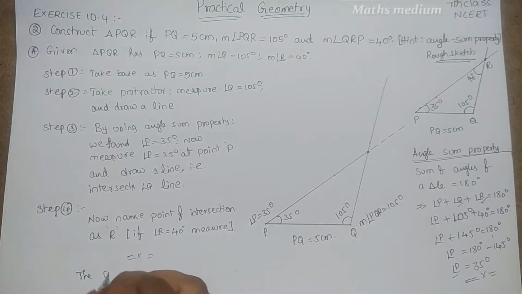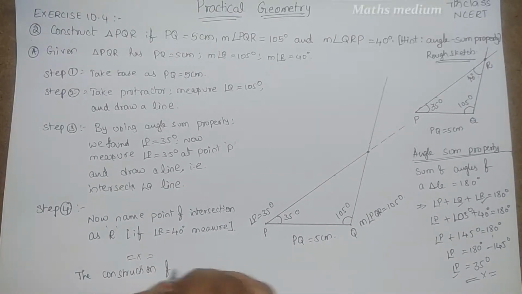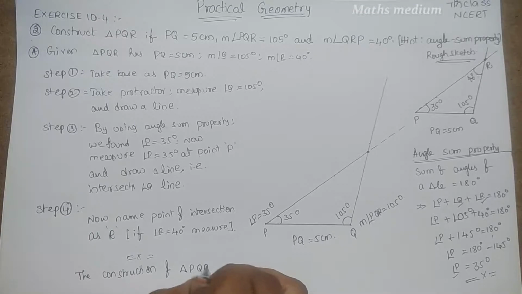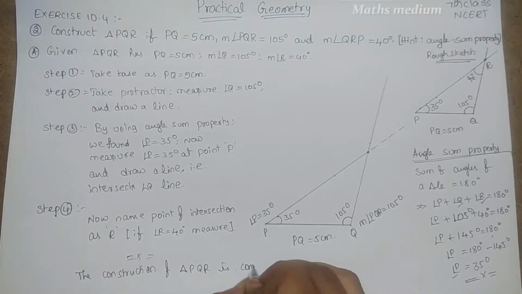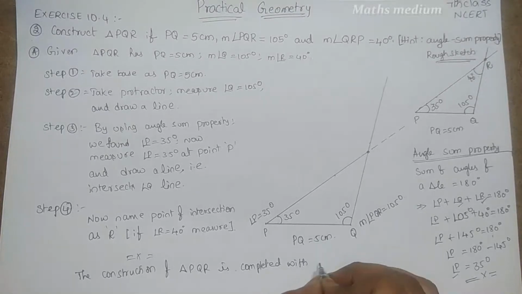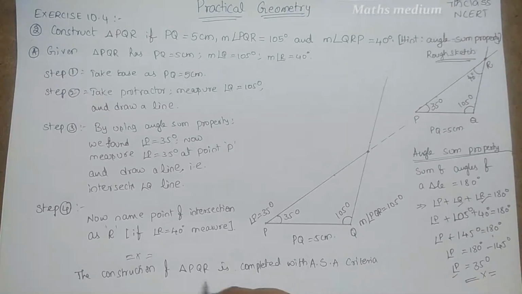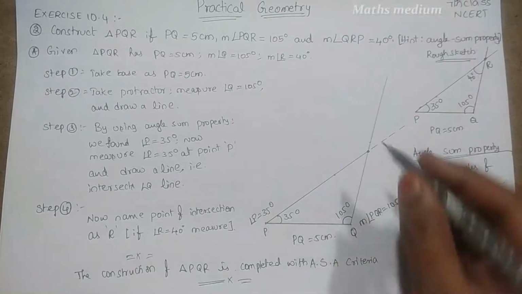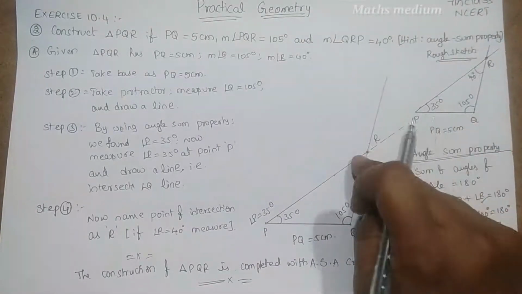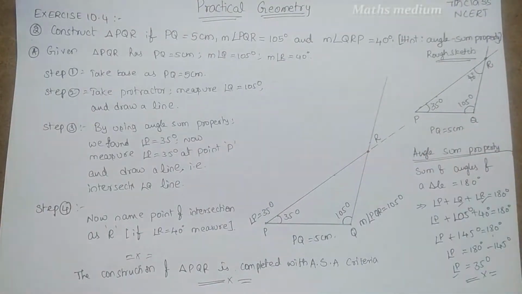So the construction of triangle PQR is completed with the angle side angle criteria. But here R is given, so we have to measure whether R is equal to 40 degrees or not.